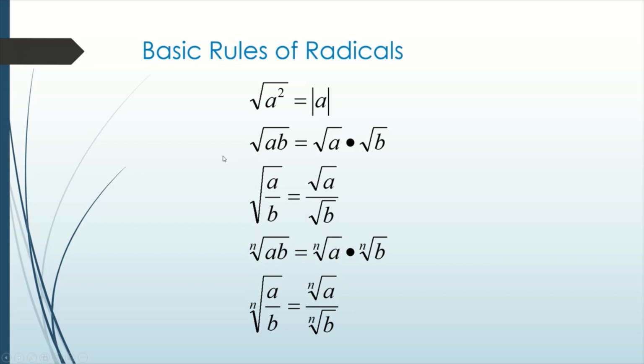You saw it in the last unit, you'll see it today as well. The square root of AB, you can separate that. When it's a quotient, you can take the square root of the top and the bottom. And this nth root just means like cube root, fourth root, so you can do these rules with any root.